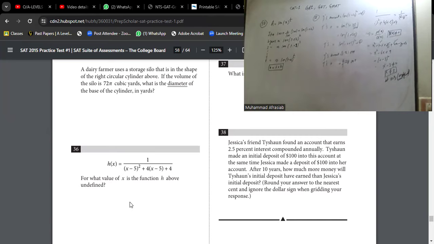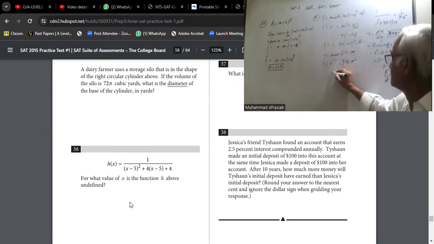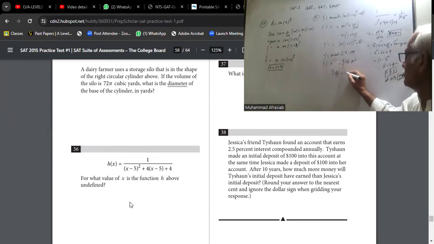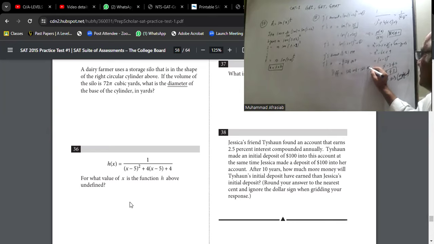The difference of these two is 128.008 minus 121.899, so that is equal to 6.1.